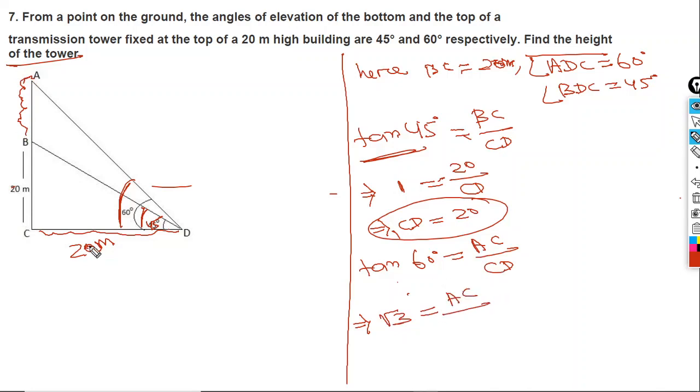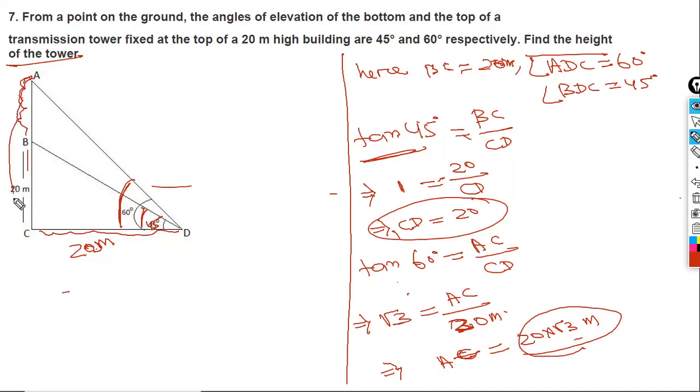Look at the figure, CD is 20 meter, which we have just now found. This implies AC will be equal to 20 into root 3 meter. So we got the length of AC.